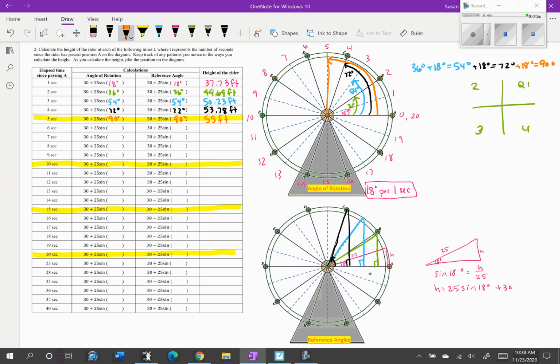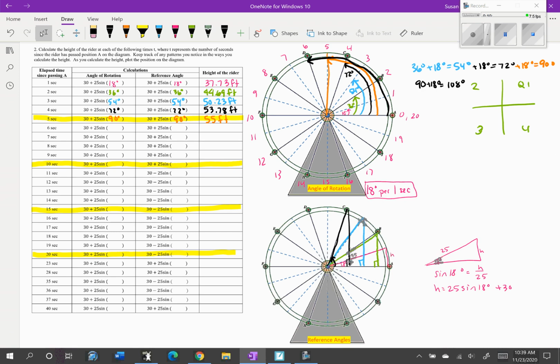So this was all for the first quadrant. Now we're moving into quadrant 2. So if I keep moving on my circle, the angle of rotation then would be from, I'm going to use this color black again, from here all the way to here. So now we're doing 90 degrees plus another 18 degrees, which gives us 108 degrees.